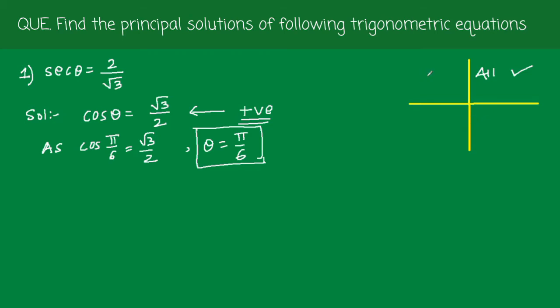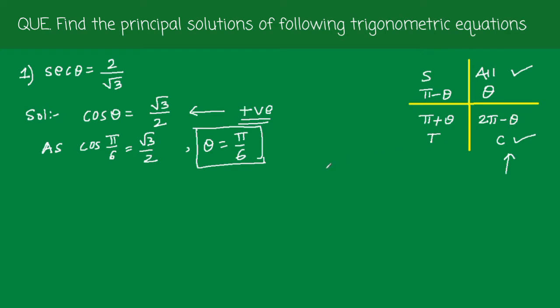For that we need this particular data, all S, T and C. We are all familiar with this. This shows that cos is positive in the fourth quadrant. It means our next value of theta lies in the fourth quadrant. Now if the angle in the first quadrant is theta, then the angle in the second quadrant is pi minus theta, in the third quadrant it is pi plus theta, and in the fourth quadrant it is 2 pi minus theta.